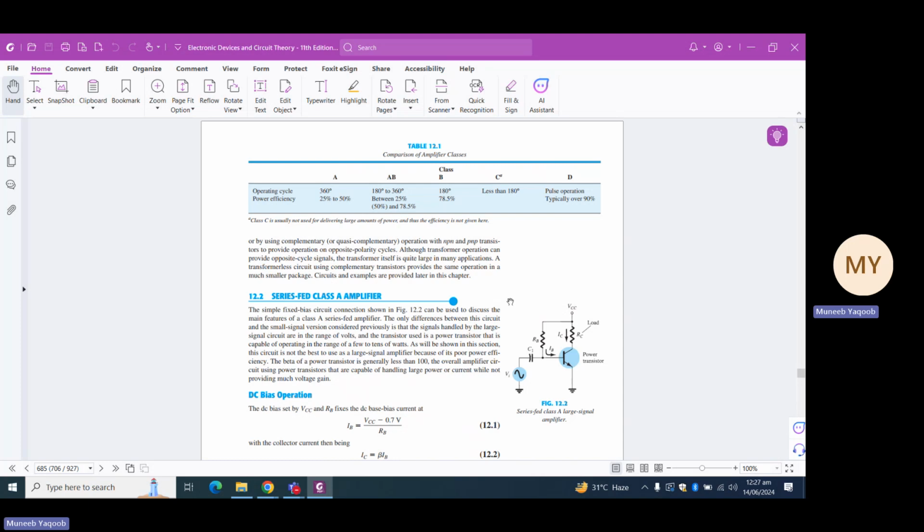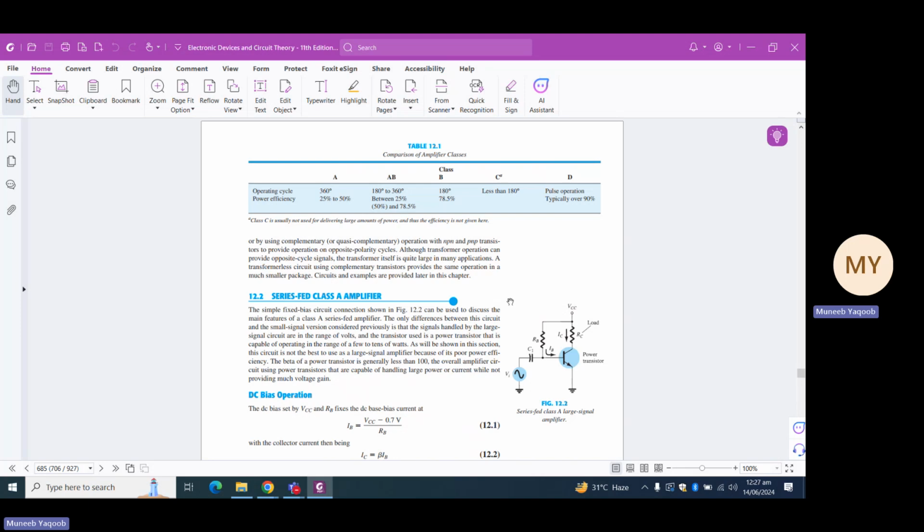In a power amplifier, the input power is the DC bias we provide to the amplifier, while the output power is the AC power that we receive at the output of the transistor or amplifier.